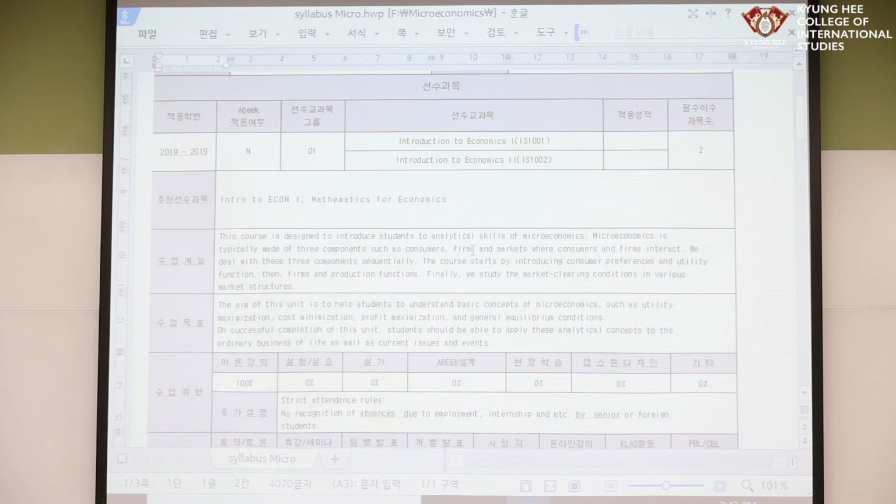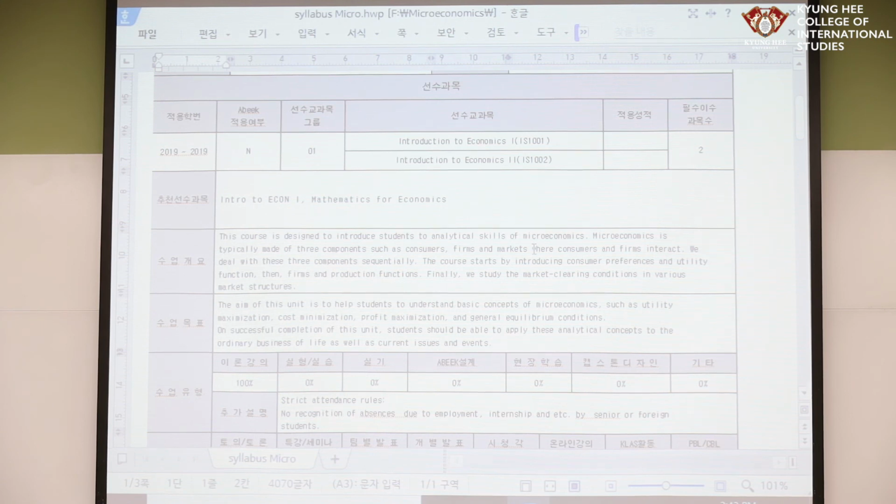For firms, we study the profit maximization condition and some cost minimization problems. And in the market, we solve the equilibrium condition for consumers and firms. When the market is perfectly competitive first, then we go to the monopoly market equilibrium condition and the oligopoly market equilibrium condition.